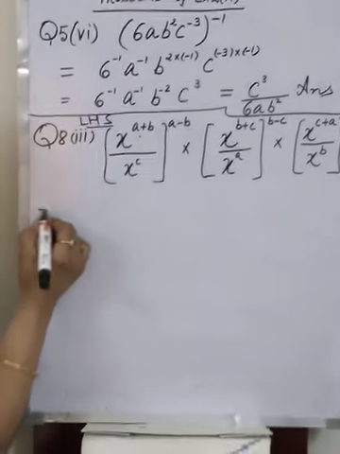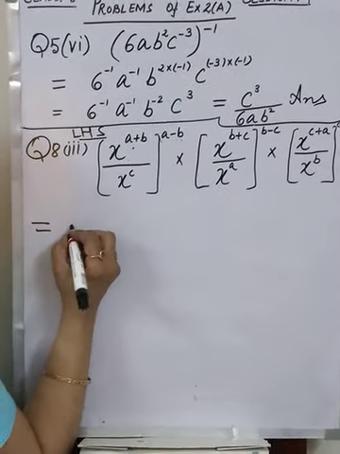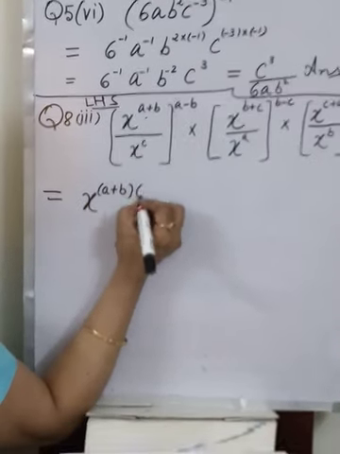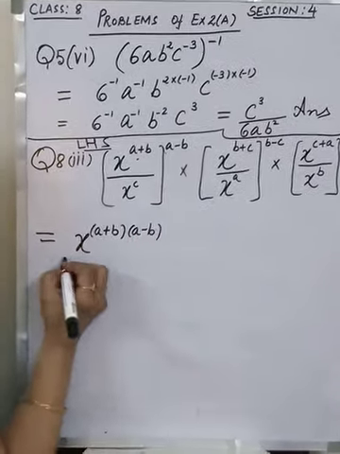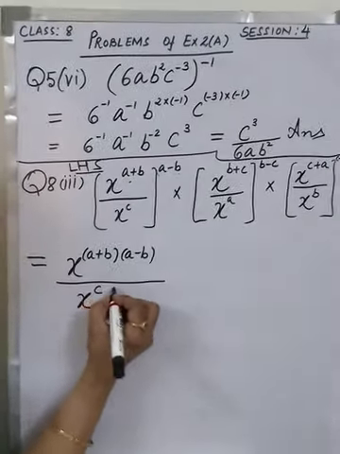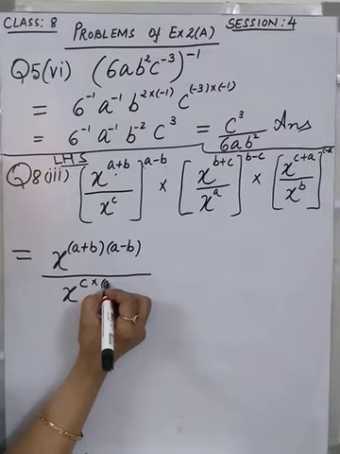So I multiply x to the power a plus b into a minus b, and in the denominator we assign this power a minus b also, so x to the power c into a minus b.